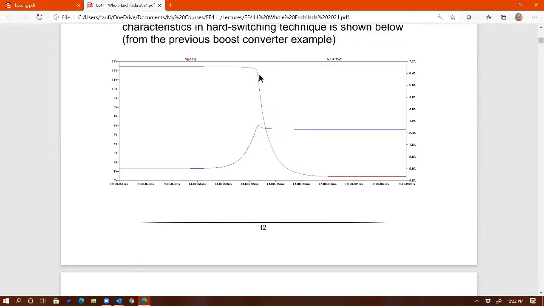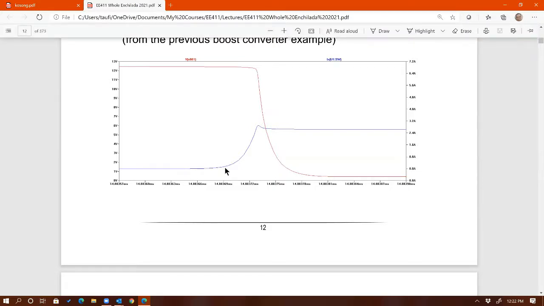The MOSFET is internal to that chip, so in that model, they put a real model of the switch inside the IC, inside the controller. Just like we are expecting, it takes time for voltage to drop from some high value to a low value. And then current will do the opposite direction, because it's turning on. So it goes from 0 off to fully on.